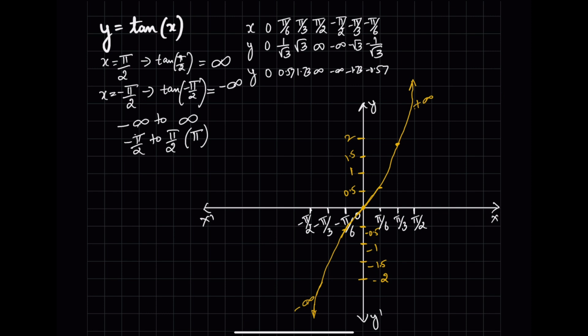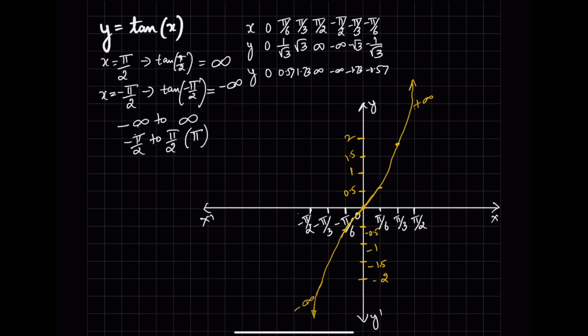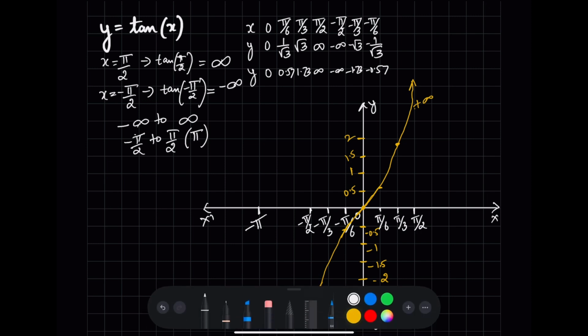Now, if we continue to mark this, so let's assume this is pi by 2 and let me mark minus pi by 2. So if this is pi by 2, then we would have minus pi somewhere here. So the graph would repeat in this manner.